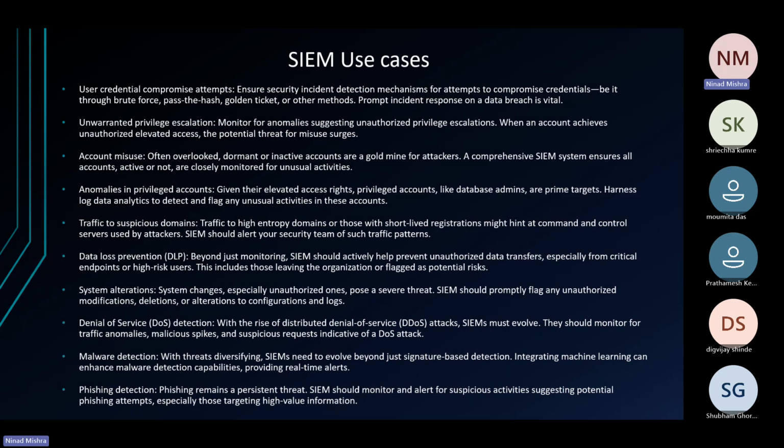In that case, the SIEM should be able to notify that a virus has been found on that system, and there is an alert that has been generated, and for that action needs to be taken. So the SIEM will look into these logs, see that an alert is getting generated, and check if that particular issue gets addressed. So whatever security tools you have, all of them need to be monitored under your SIEM.